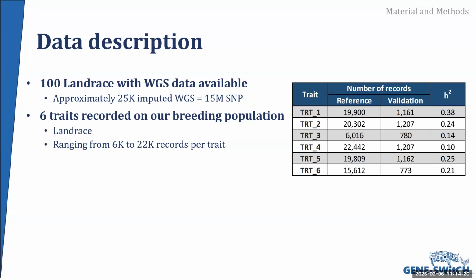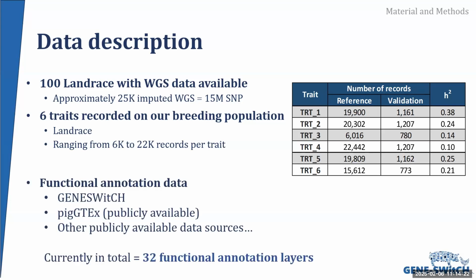In order to add the functional annotation layer that's required for the FAITH scores, we used not only publicly available data that was accessible to the consortia, but also data that was generated as part of the Gene Switch and the Pig GTEx consortia. In total, we used 32 functional annotation data sets in order to generate the scores for each variant type.